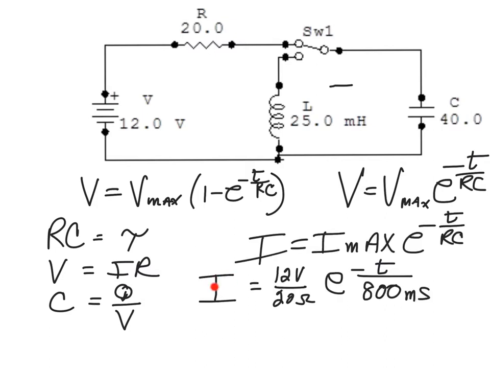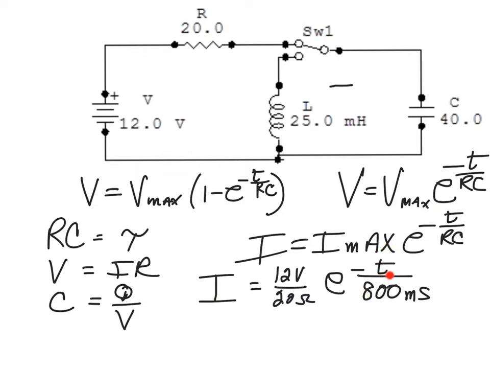The current through the resistor will be I max, which, using Ohm's law, I equals V over R, so 12 volts over 20 ohms, that's the maximum the current will be, and it's going to decay according to e to the minus t over the time constant, which is RC, and R times C gives us 800 milliseconds, right, because this is millifarads, or 0.8 seconds.